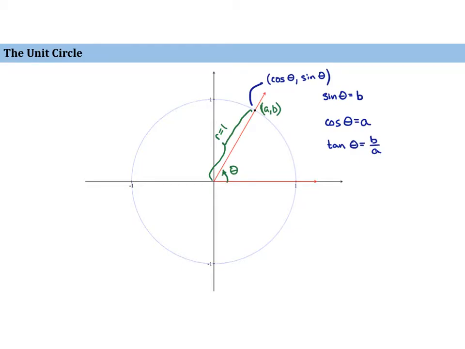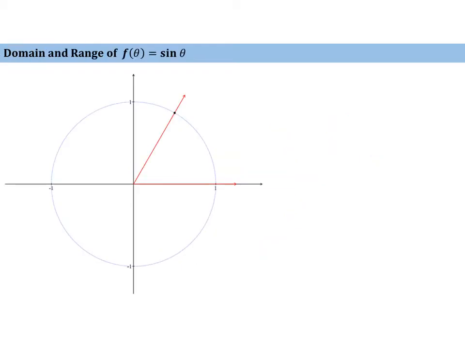Now let's look at the sine function. As we look at the sine function, and we look at the point A, comma, B for an angle theta, if we're looking at the domain of our sine function, the question is, are there going to be any problematic values for theta? As theta wraps around the origin, clockwise or counterclockwise, are there going to be any problems for B?